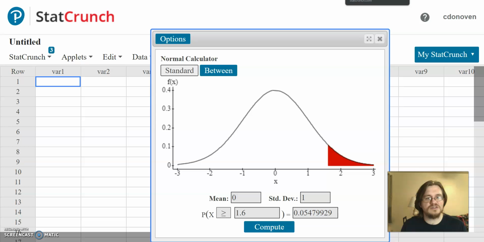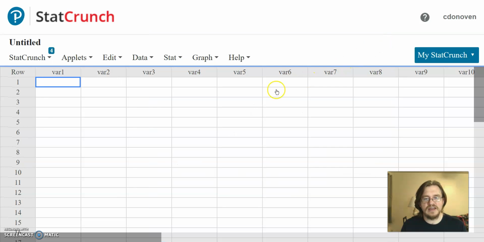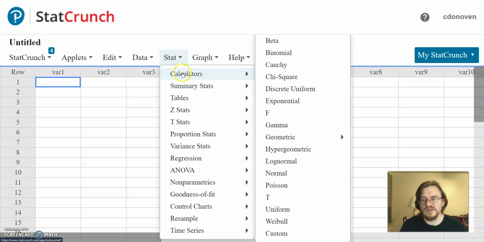So we come back to, for instance, StatCrunch. We can go to Stat, we can go to Calculators, and go to our normal distribution.